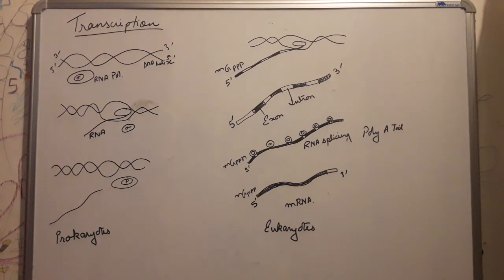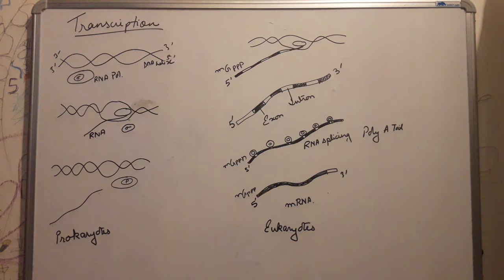In initiation, first of all, you can see in this diagram, this is a DNA template. These 2 are the DNA strands, it's a double helix. Now this is the RNA polymerase and this is the sigma factor, the initiation factor. During initiation, this RNA polymerase recognizes a particular point in the template.